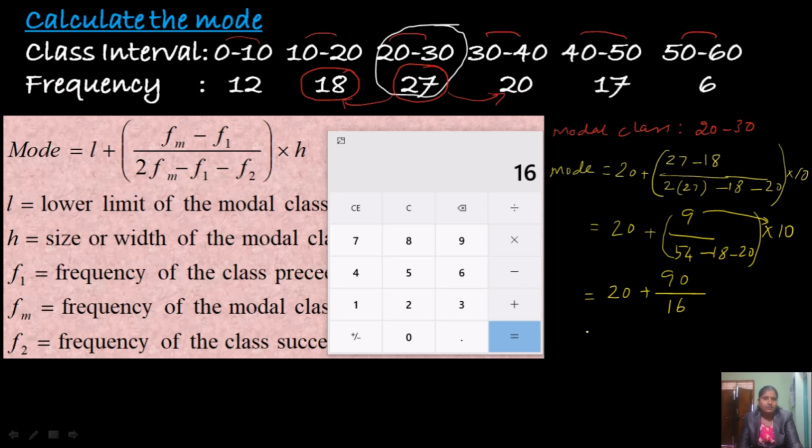So that's 20 plus, when you divide 90 by 16, we have 5.625.